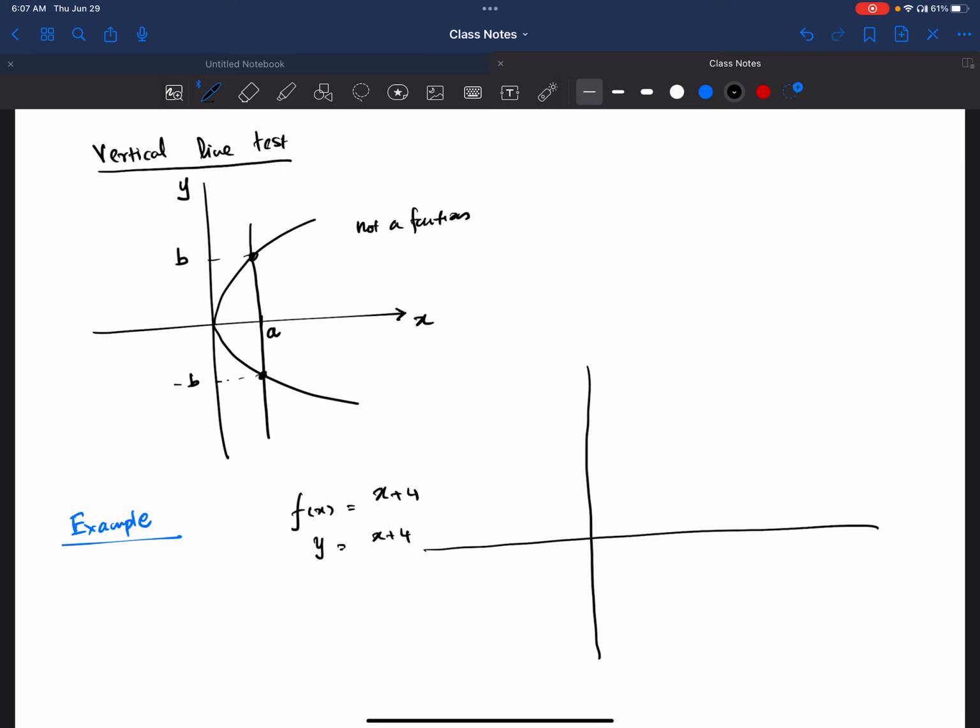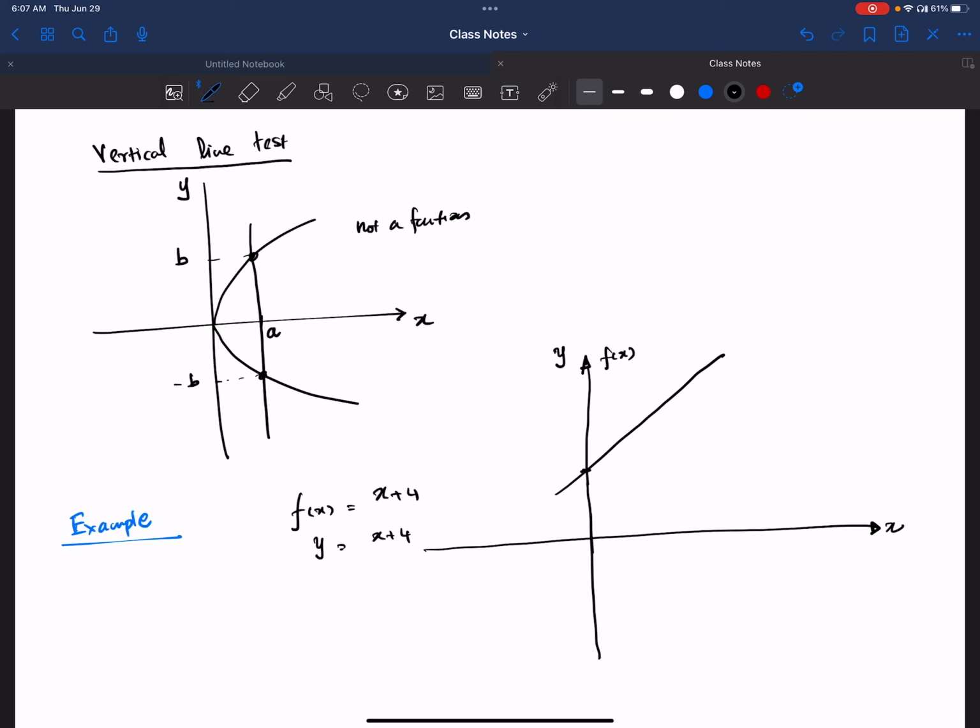And you already know from pre-calculus how to draw the graphs. So y, x, or you can say this is f of x, right? So you have a straight line that intersects at y equals 4, right?